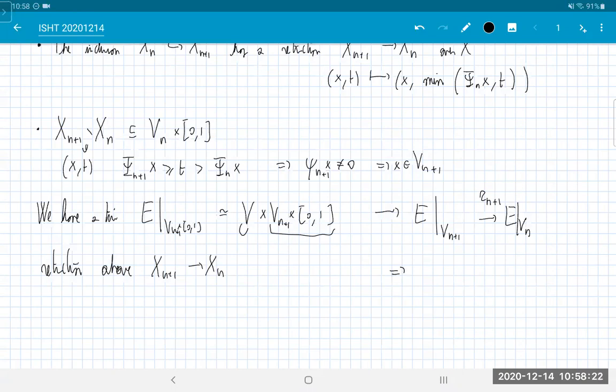And therefore, I can glue it together with the identity and get a retraction of E restricted to X n plus 1 to E restricted to Xn. Actually, I'm going to call this also R n plus 1.